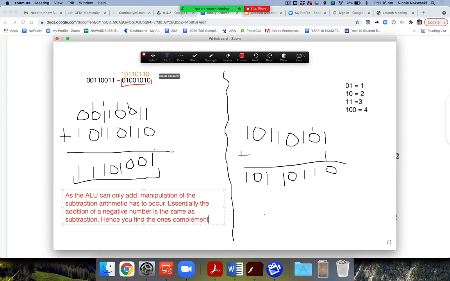You find the ones complement by inverting the second number, the 2's complement by adding 1 to the 1's complement, and then adding the 2's complement, i.e. the negative equivalent of the number to the first binary number.